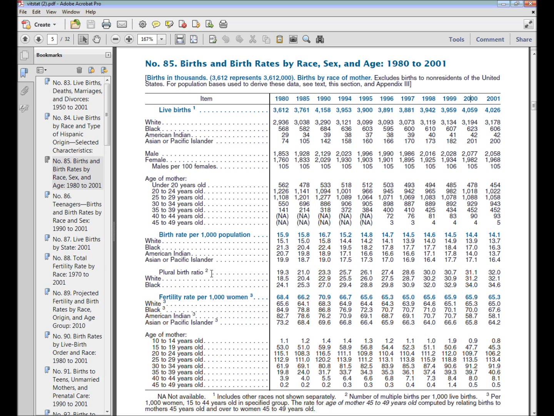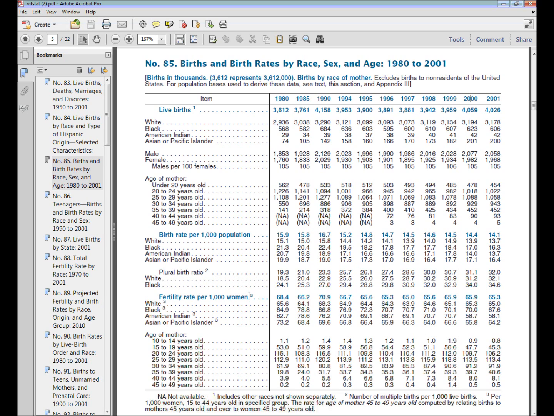Now we also have a plural birth ratio. It has a footnote, so it's the number of multiple births per 1,000 live births. That's very different than per 1,000 in the population. So the plural birth ratio in 1996 was 27.4, which means there were 27.4 multiple births for every 1,000 live births.